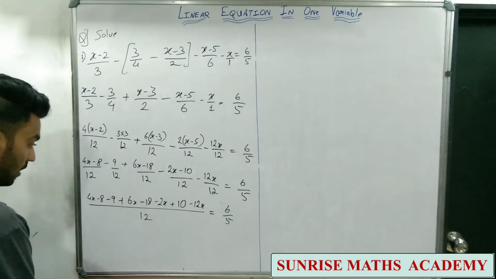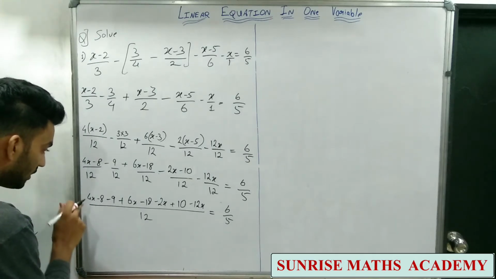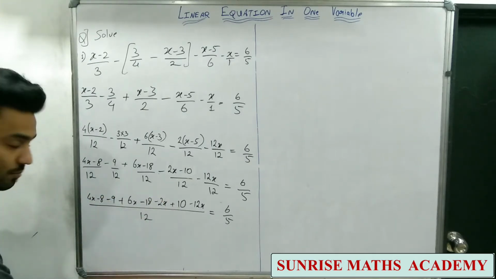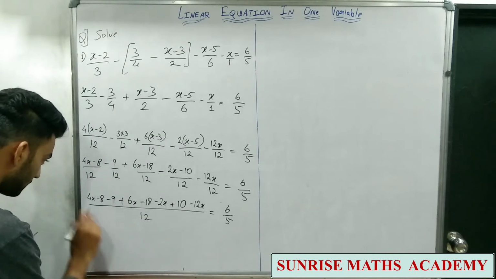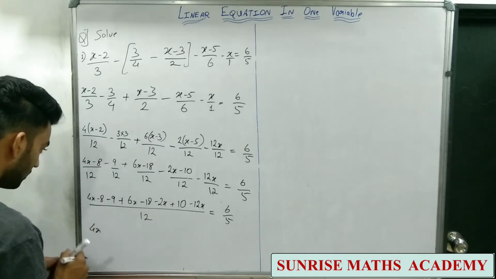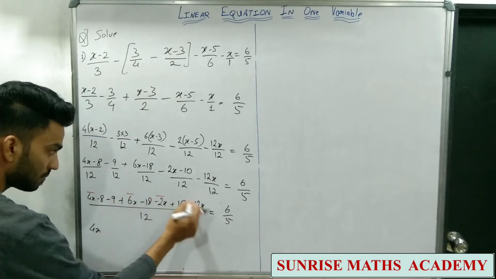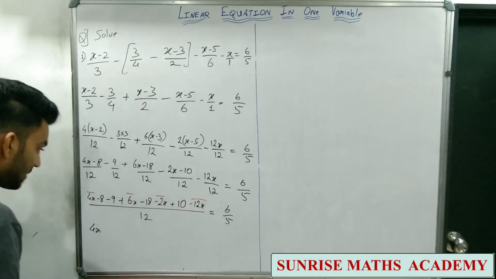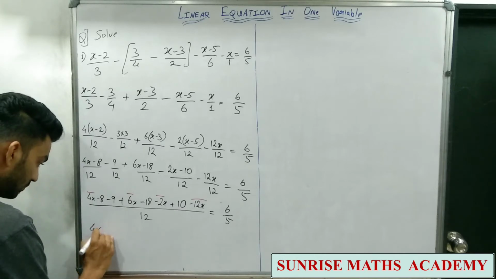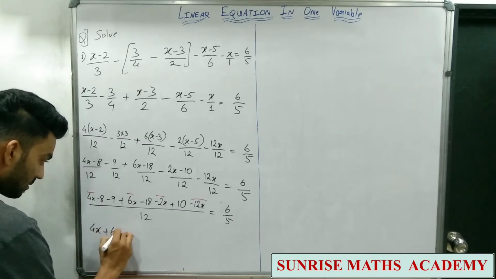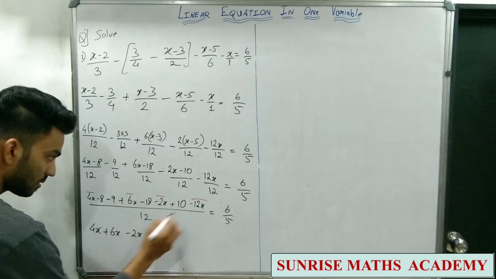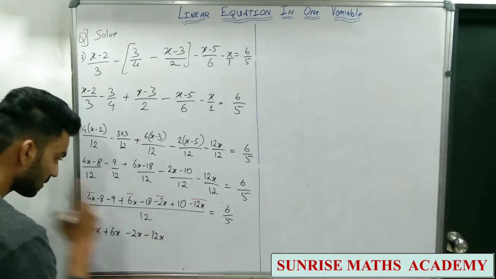Now what we'll do here is bring all the variable terms together. So we have 4x plus 6x minus 2x minus 12x. We have to bring the signs along with them. This is plus 6x minus 2x minus 12x.